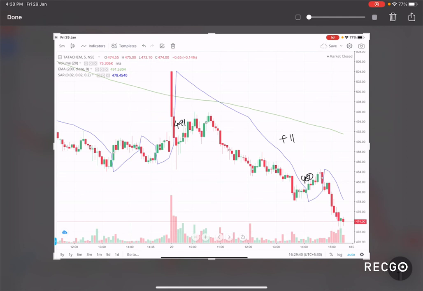Then again we shorted around 481 and exited around 474, so we made 7 points here. So it is overall 18 points, and the Tata Chemicals futures lot size is 2000, that is 36,000. So these are the two trades I have observed today.